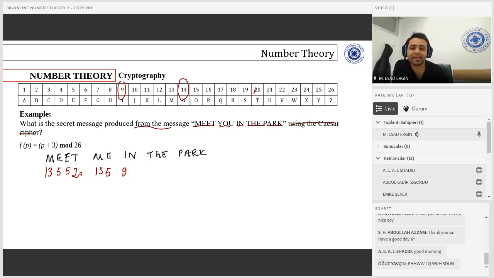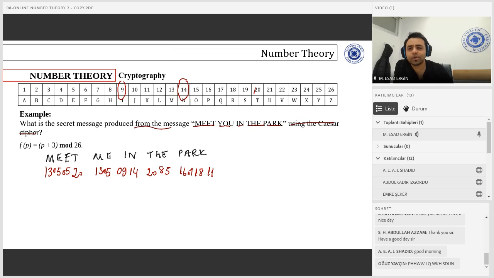N has 14, T is 20, H is 8, E is 5, P equals 16, A is 1. You can say it is 01. It will be better to write 05 or 01, in order not to confuse 15 or 11 or 12, as there might be some confusion. R is 18 and K equals 11.